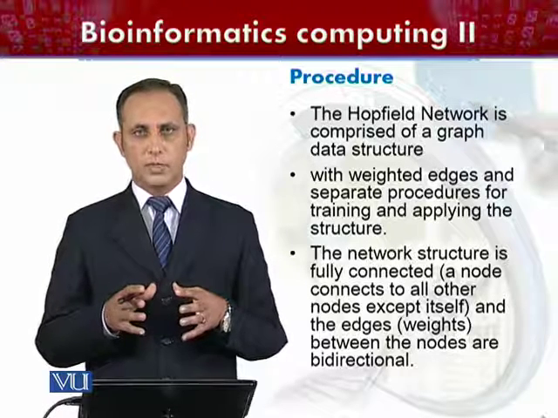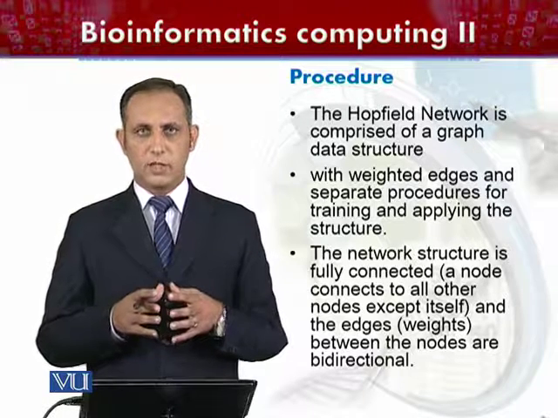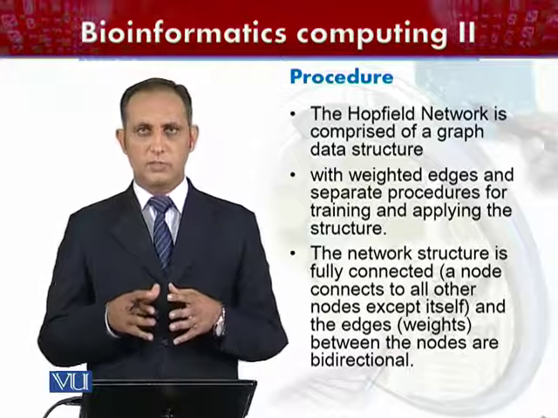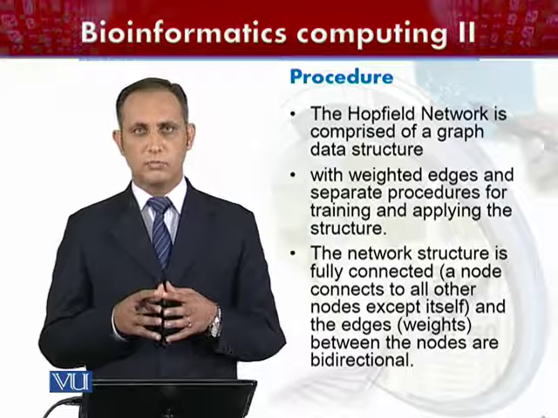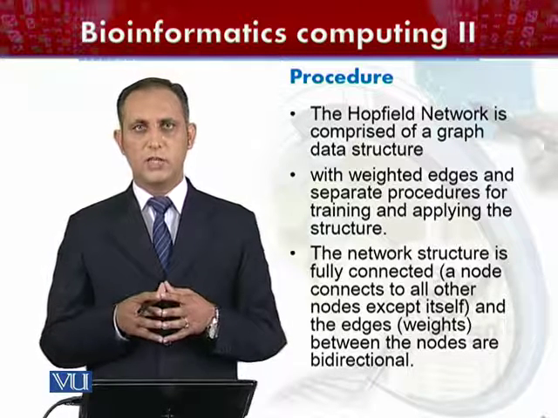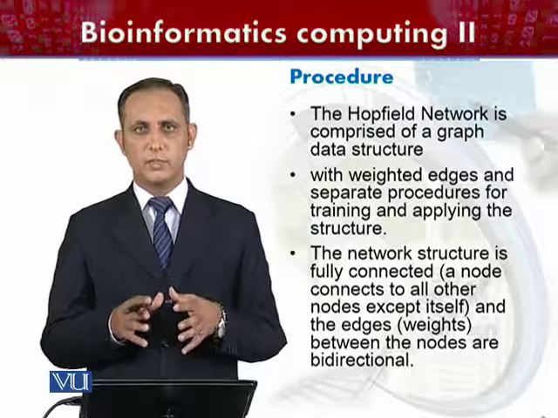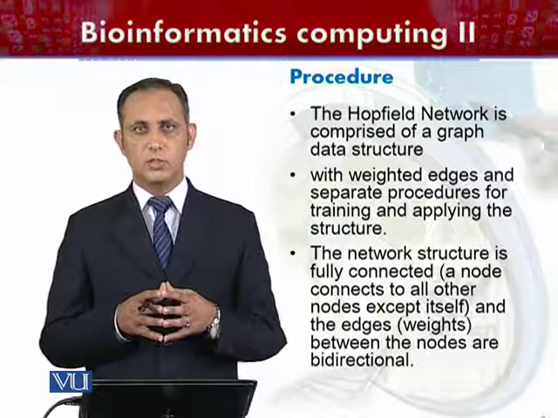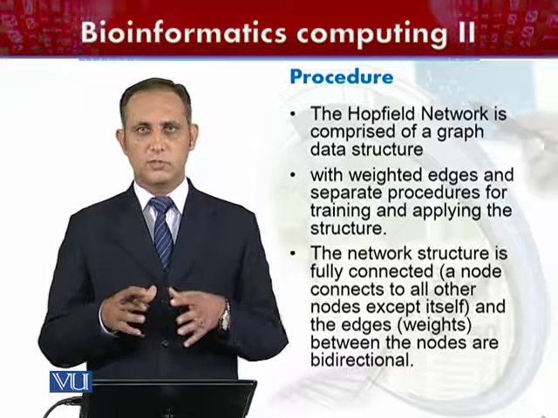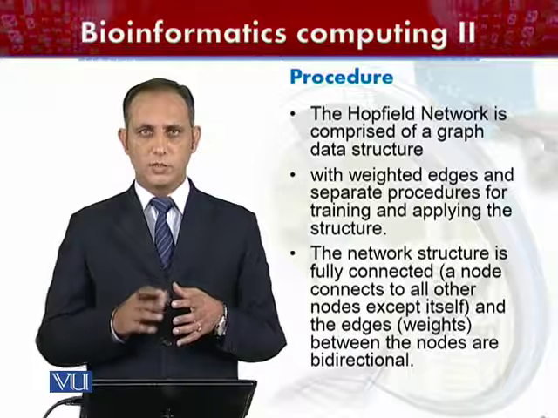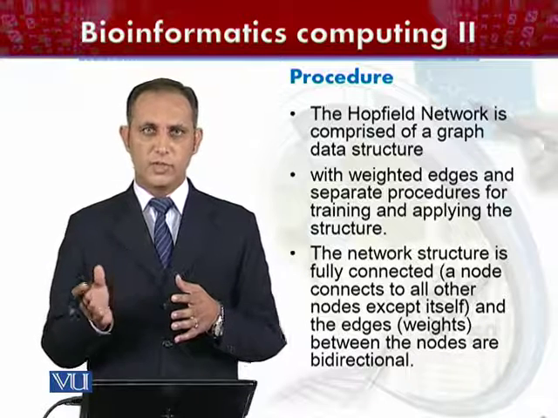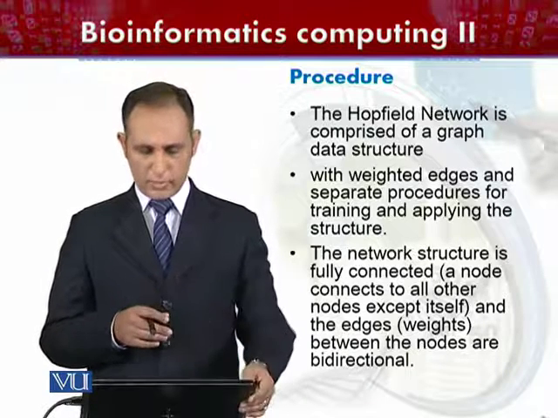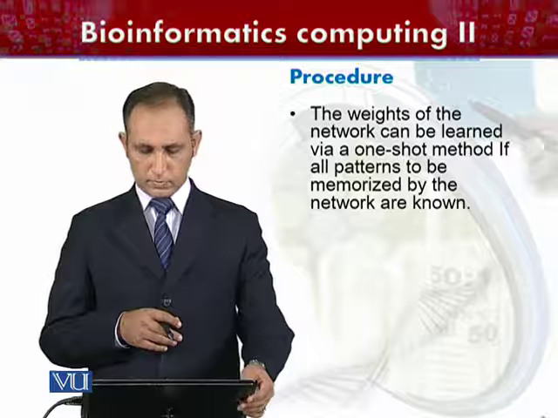There are some graphs where the edges are undirected or unidirectional, but in this specific case, all the edges are bidirectional. This means the transfer of data may go from this direction to that direction, or from that direction to this direction. So they have bidirectional edges.